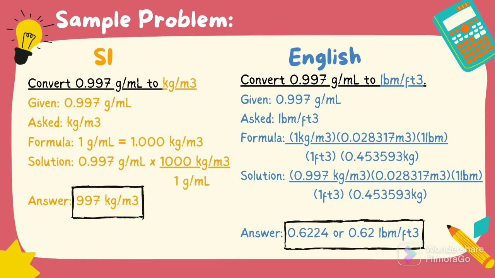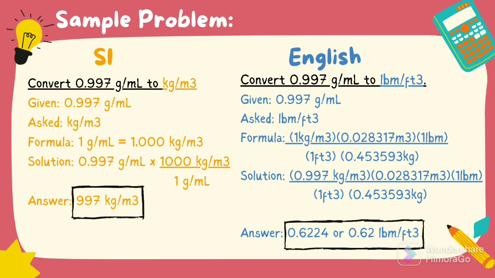Next, we are tasked to convert 0.997 gram per milliliter to the English unit pound mass per cubic foot. Let us write down our given 0.997 gram per milliliter as pound mass per cubic foot. Let us write down our formula, which is 1 kilogram per cubic meter times 0.028317 cubic meter times 1 pound mass divided by 1 cubic foot times 0.453593 kilogram. Take note, class, that this is a constant value.